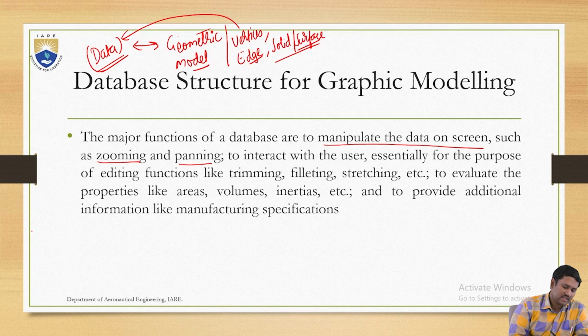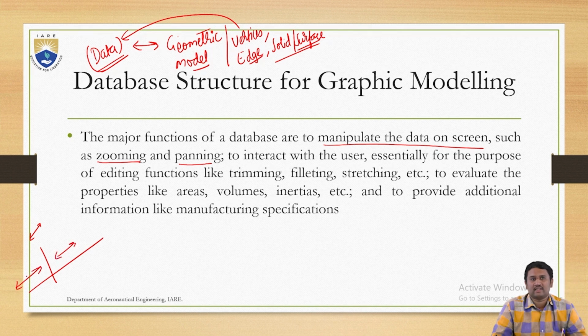Zoom means to zoom in or zoom out, basically to scale up or scale down your geometry, whereas panning means to move or translate a model along a 2D plane, either in this direction or in this direction.